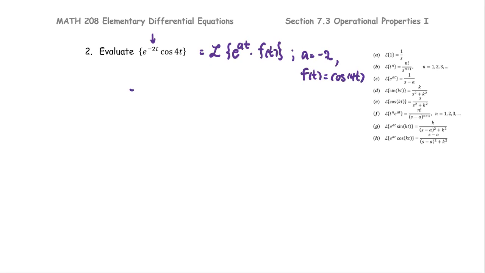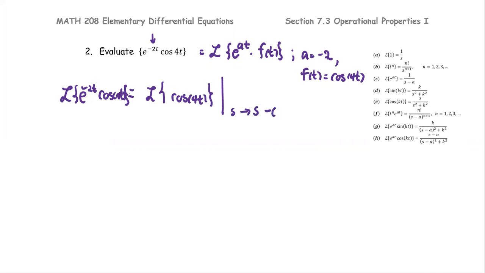So the Laplace of e to the negative 2t cosine of 4t is the Laplace of the cosine of 4t, and whatever comes out, we translate s to s minus a, which is s minus negative 2.